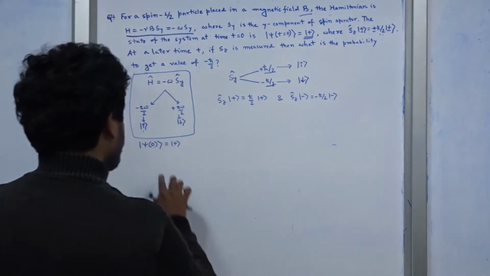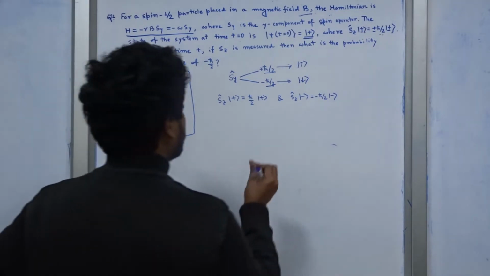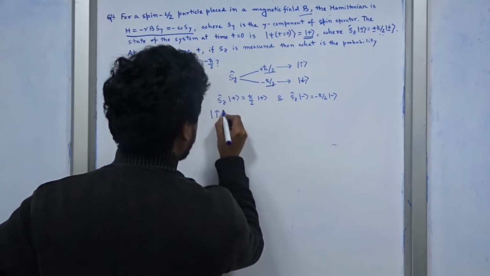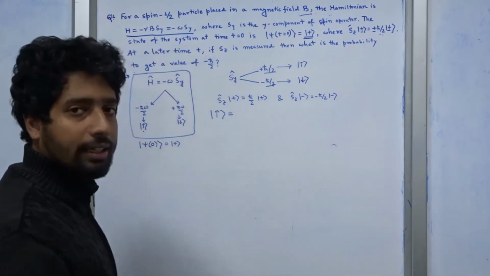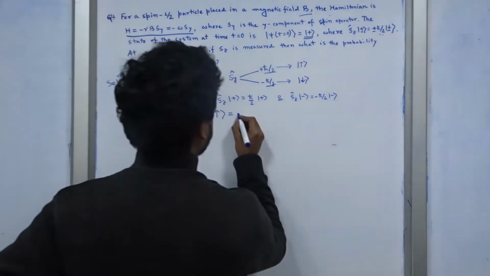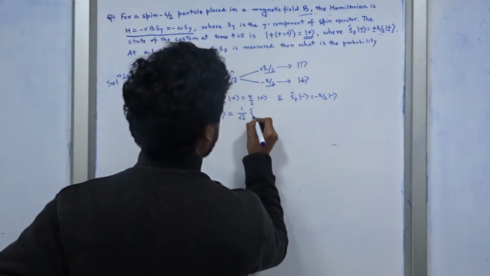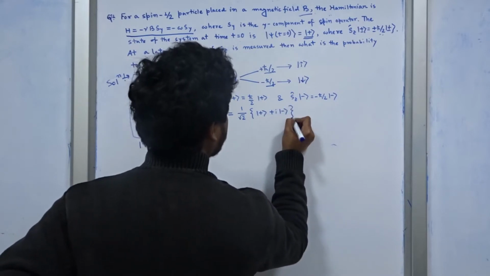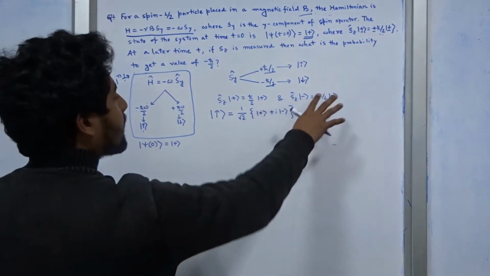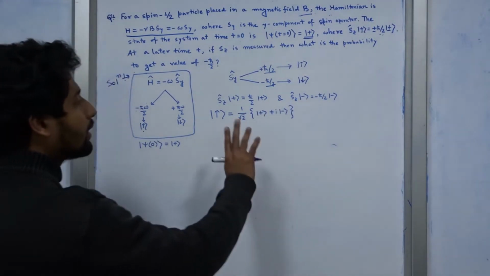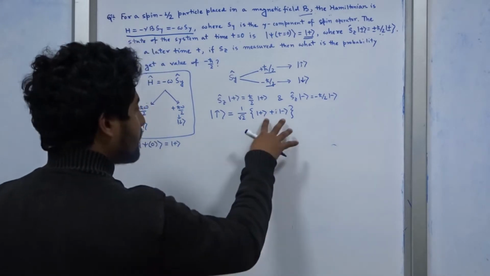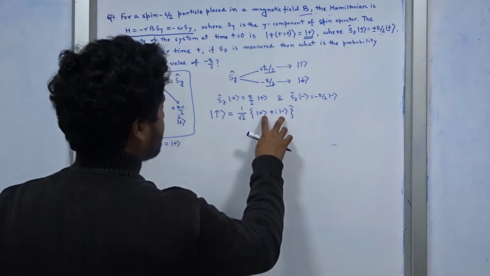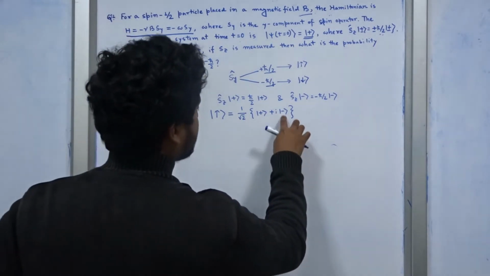Now, I am not deriving it, but one can easily connect that the eigenstates of Sy are expressed as linear superpositions of eigenstates of Sz. This is how one can write this eigenstate of Sy as a superposition of Sz. As we know, these eigenstates form a complete basis, and any state can be written in that basis. So I am writing this up state in the Sz basis in terms of plus and minus.